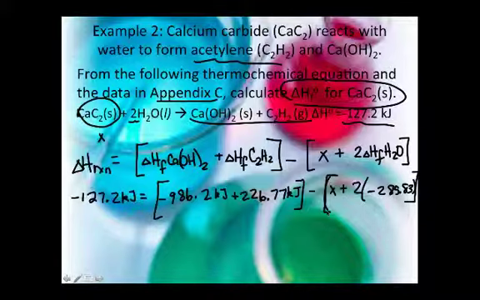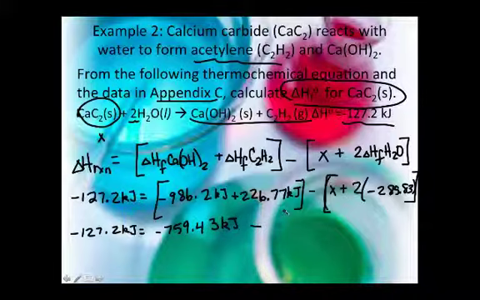So now we're solving for X. Be careful with your signs, as always, right? So I'm going to go ahead and combine my products first. Negative 986.2 and a positive 226.77. So here I get negative 759.43 kilojoules.